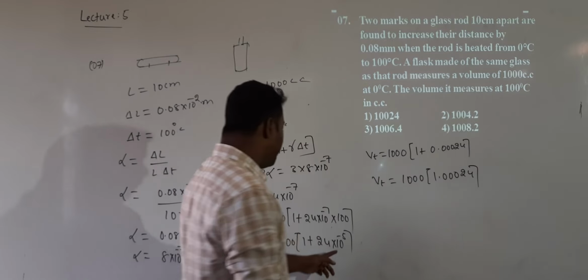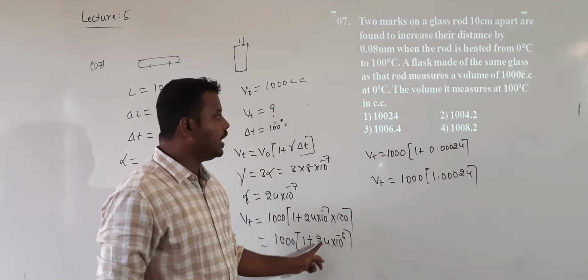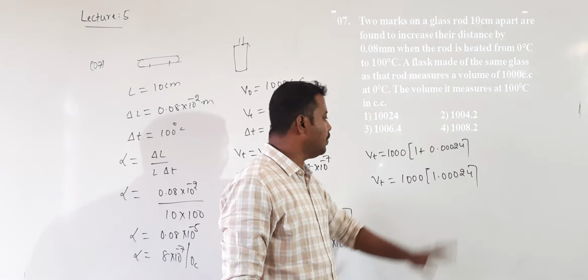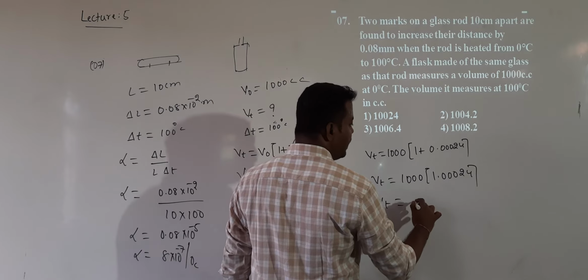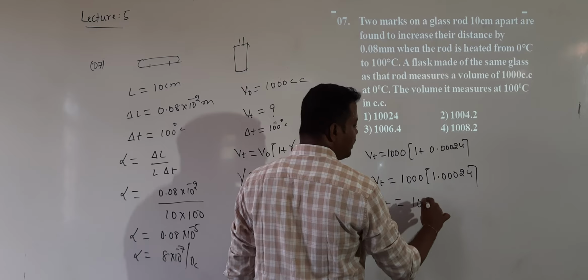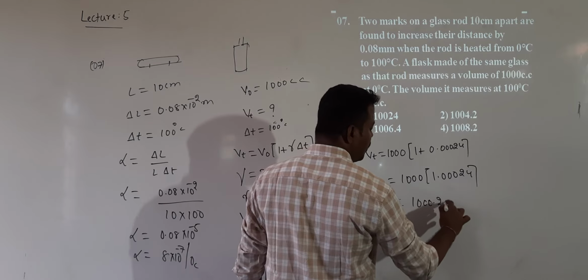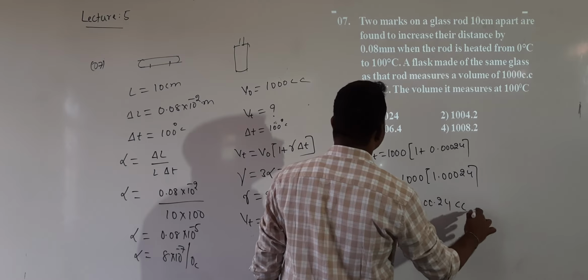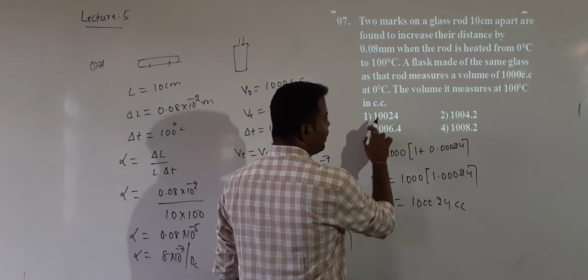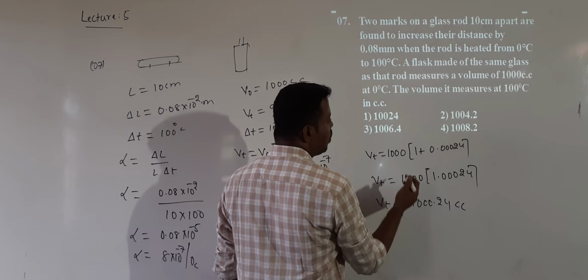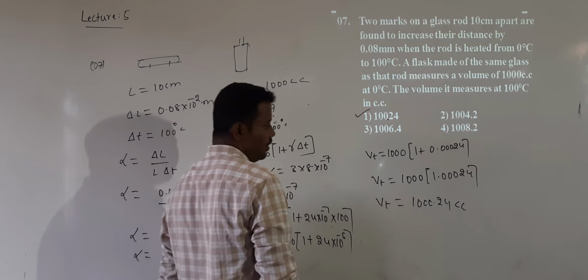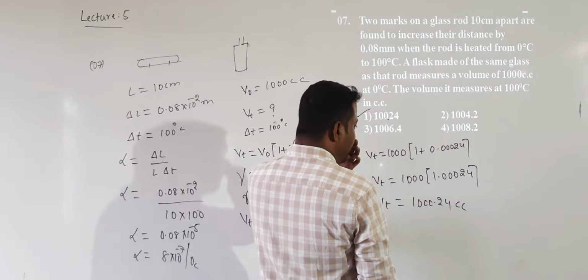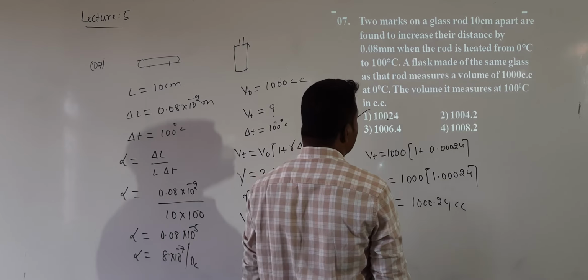Correct? 10 power minus 5 is there, so 10 power minus 5, 1, 2, 3, 4, 5. Then the answer for Vt, when I multiply, is 1000.24 cc. It looks like a larger value, but there is one decimal place here. So 1000 point, into 100, so that is 1000.24.